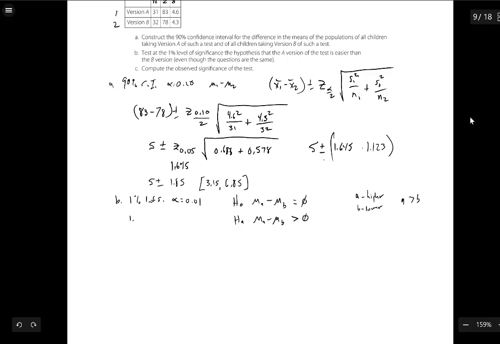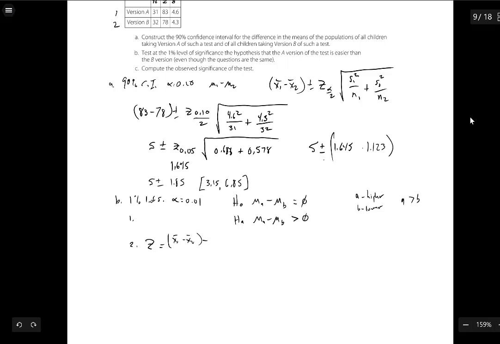Step 2 is determine our test statistic. We mentioned previously when we were doing the confidence interval that the sample size, etc., allows us to look at our test statistic here being a z-value. And the test statistic from the equation is x1 bar minus x2 bar minus our d0.